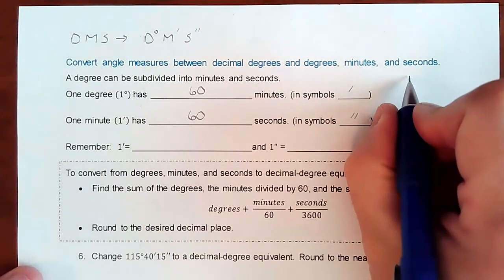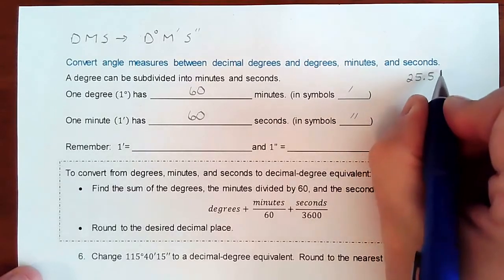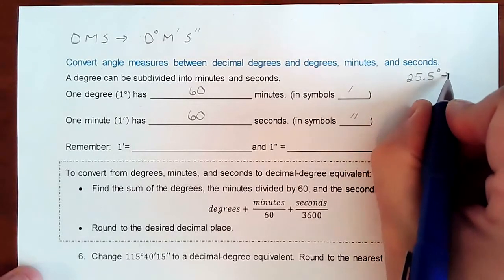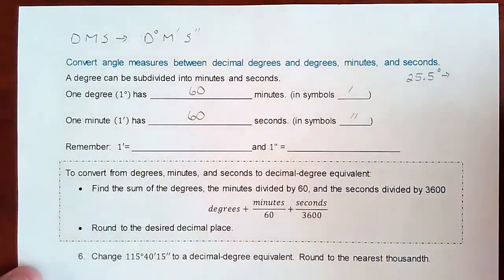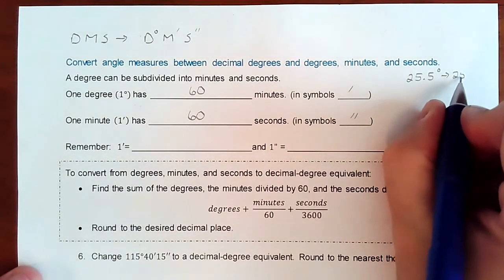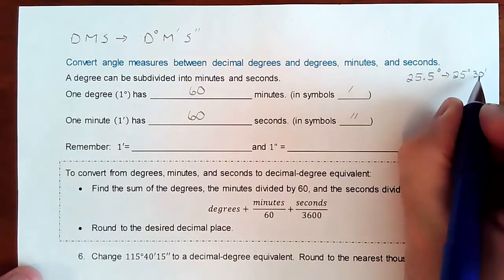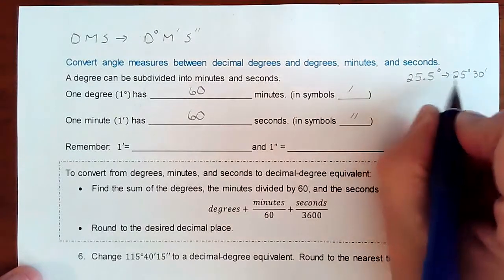If you have, let's say, 25.5 degrees, another way to write this 0.5 is that it's half of a degree, which makes it 25 degrees and then 30 minutes because it's half of an hour, basically.